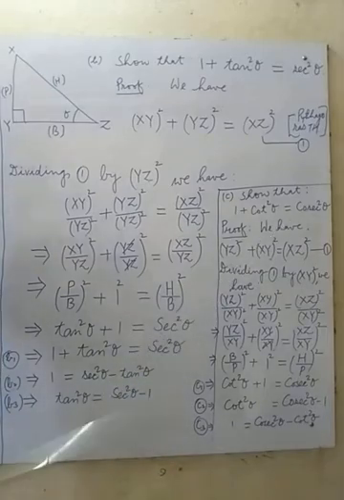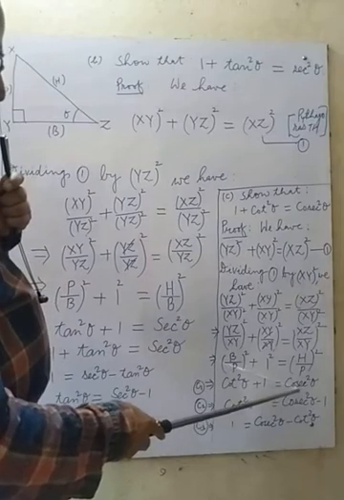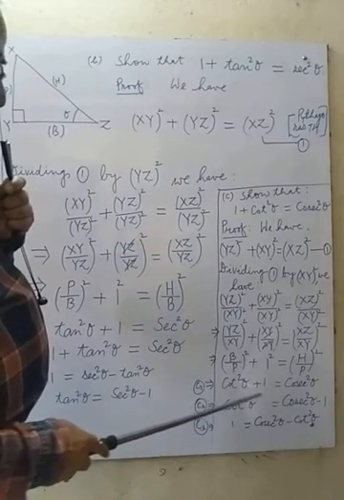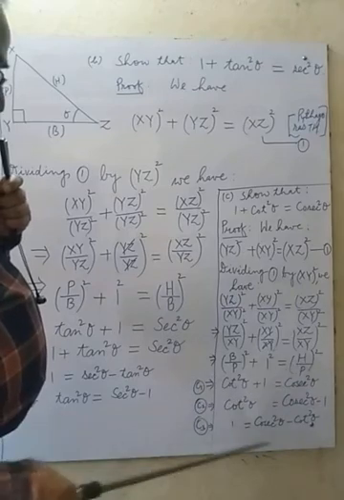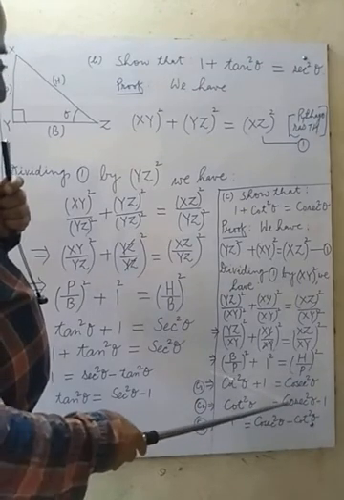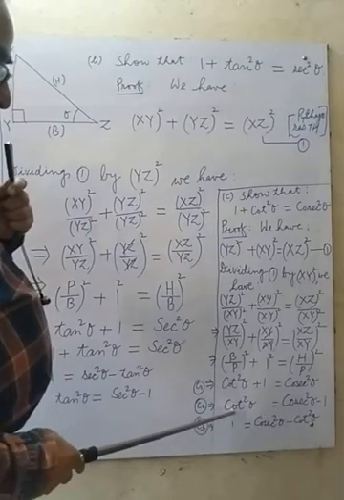The meaning is that in the place of cosec square theta, one can note down 1 plus cot square theta or cot square theta plus 1 as per requirement. In the place of cot square theta, we can note down cosec square theta minus 1, or in the place of cosec square theta minus 1, we can note down cot square theta.